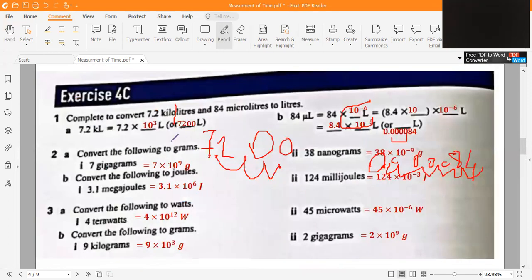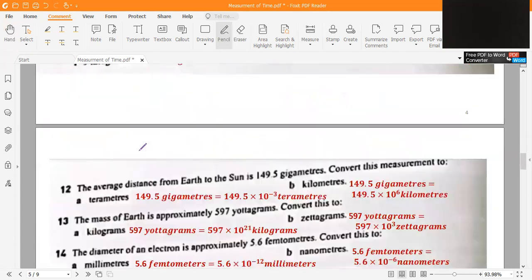Here, 149.5 times 10 minus 3, so we can move the point three digits to the left, 1 2 and 3. We will obtain 0.1495 tetrameters.